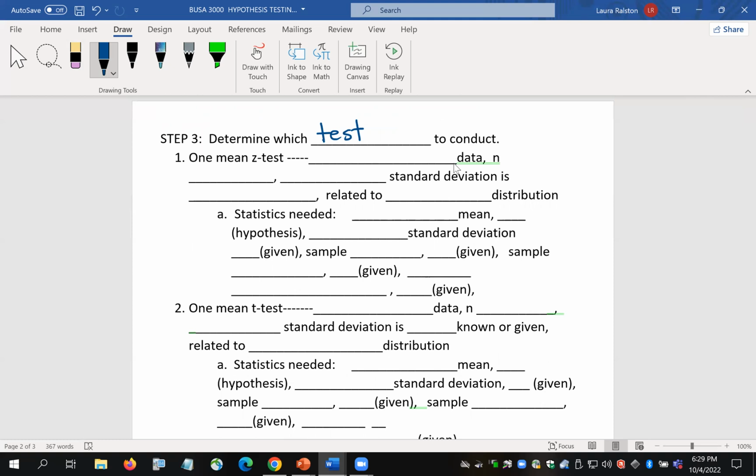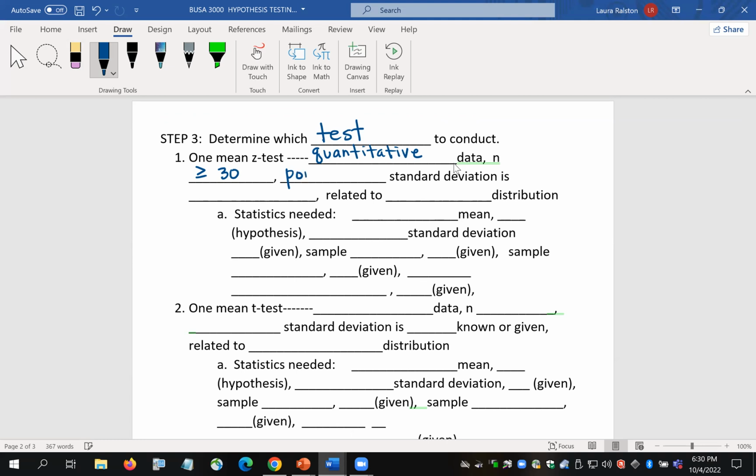A one mean z-test can be used whenever you have quantitative data, and n, which is your sample size, is greater than or equal to 30, meaning you have a large sample.